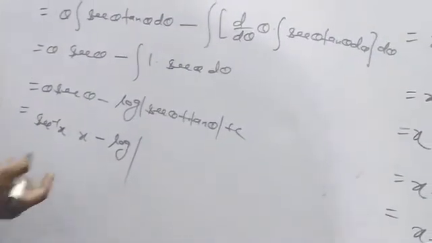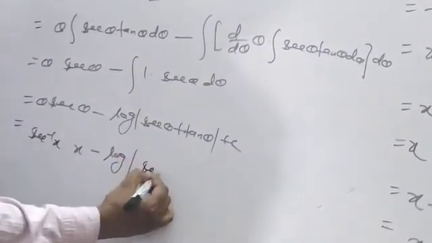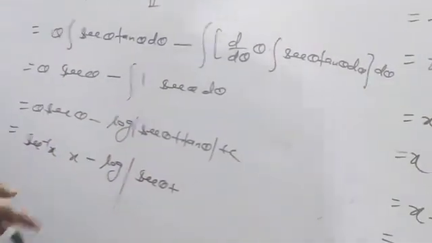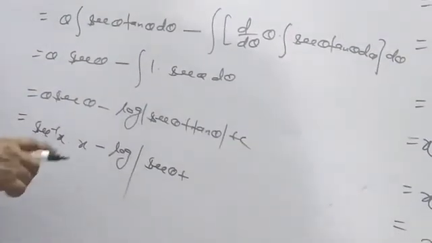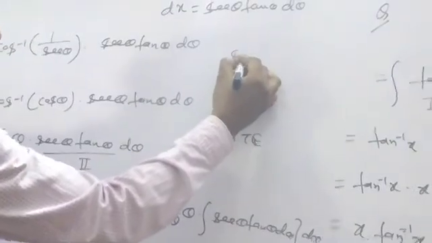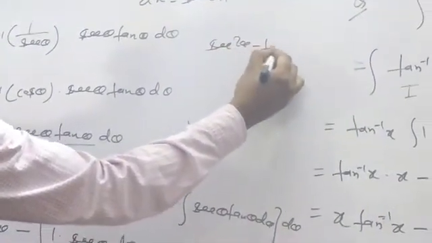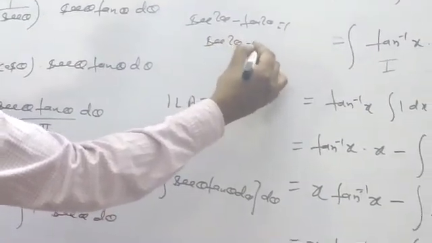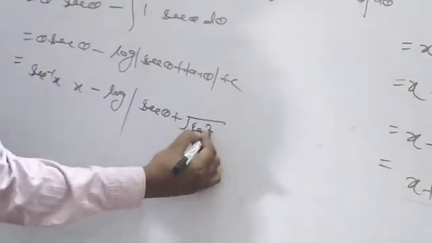sec theta plus tan theta means what? Already you know, sec square minus tan square is equal to 1, and sec square theta minus 1 is equal to tan square. Like this, sec square theta minus tan square theta is equal to 1, and here sec square theta minus 1 is equal to tan theta, under root sec square theta minus 1, plus c.